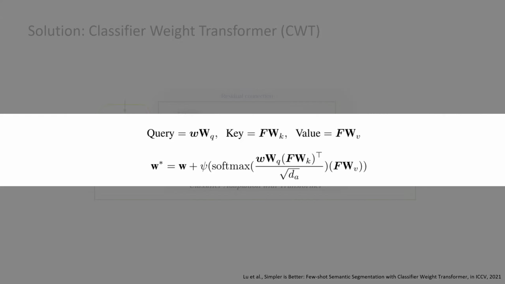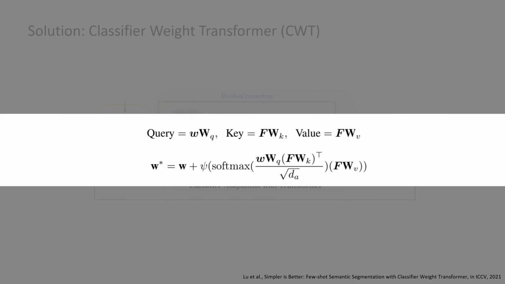Through this architecture, the CWT computes a query-specific adapted classifier weight W star using an attention-based mechanism as defined by the following equation. The model compares the initial classifier weight with query features to compute the attention scores, which are used to adjust the weights based on the query image. This allows the classifier to adapt to intra-class variation.